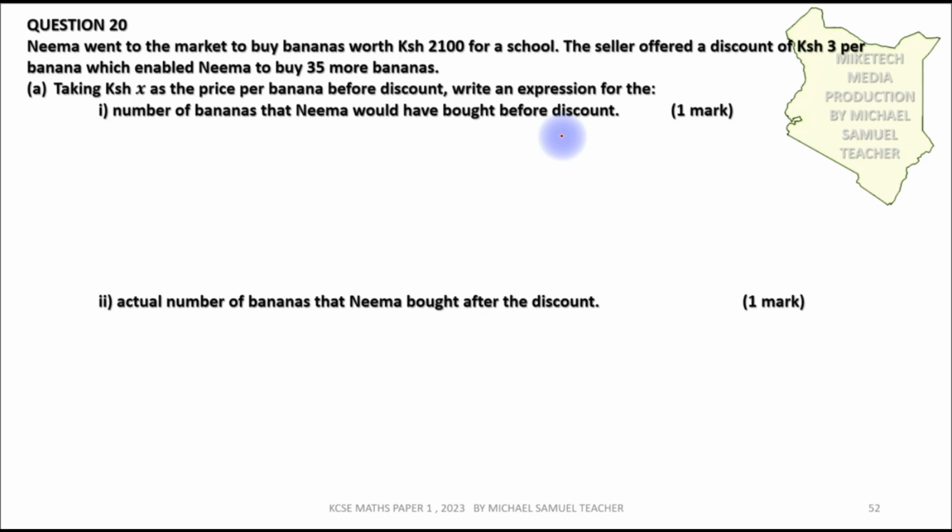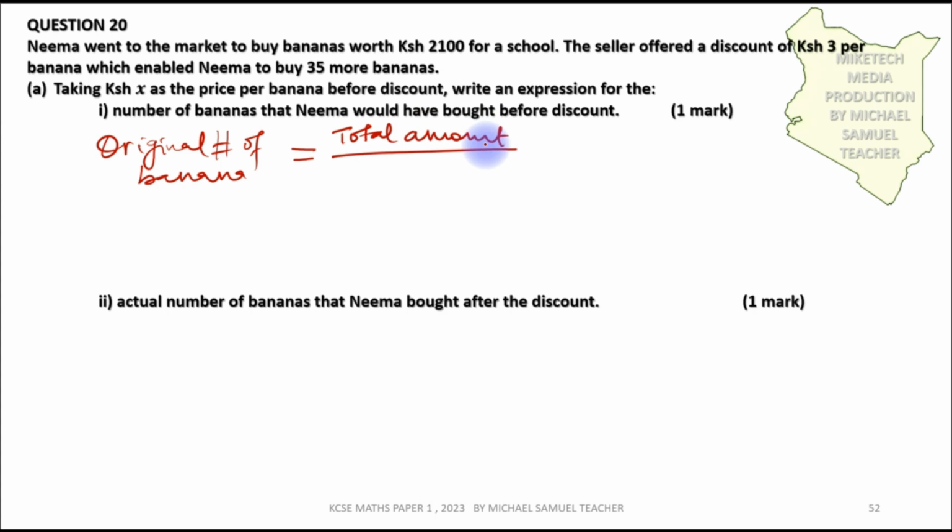So the original number of bananas, that is before discount, will be the total amount divided by the price per banana.